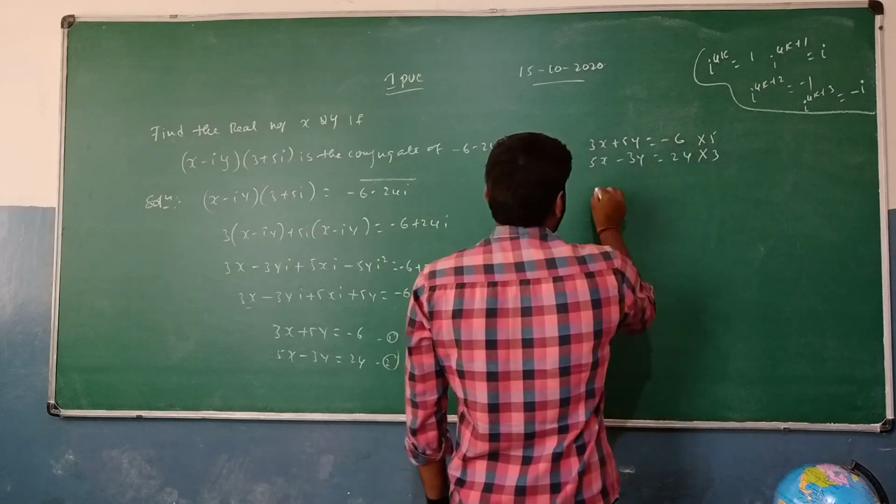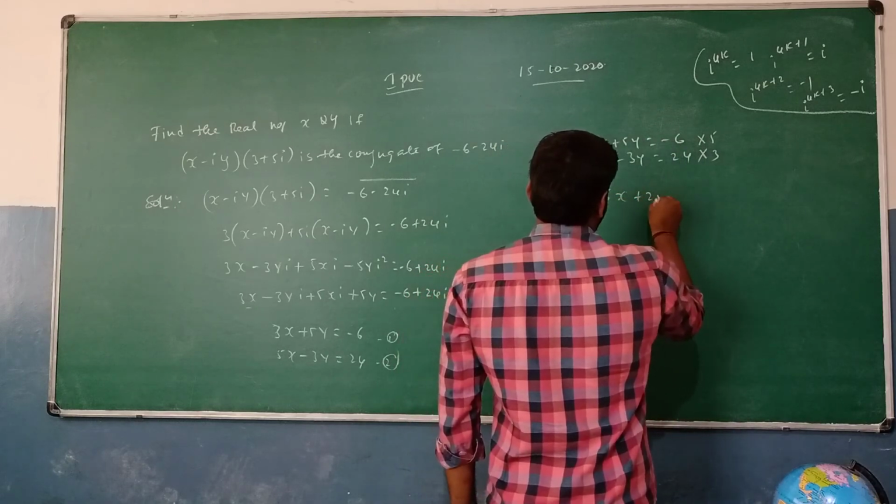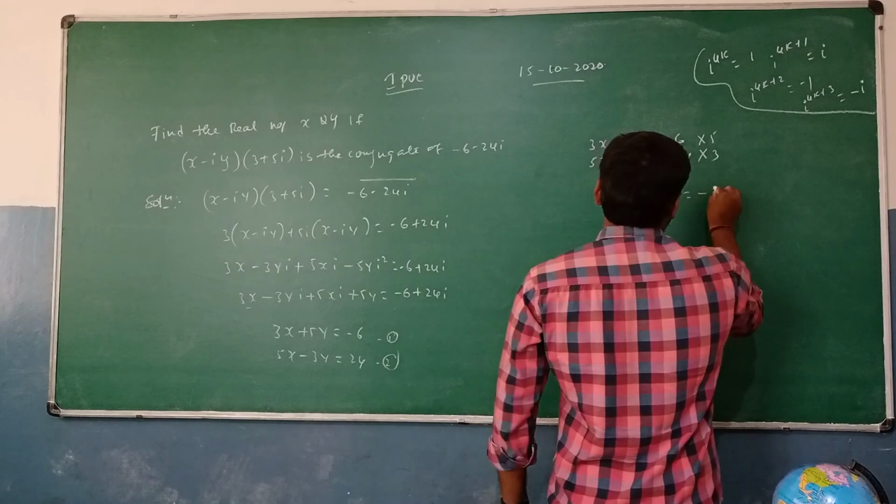So that's going to be 15x plus 25y is equal to minus 30.